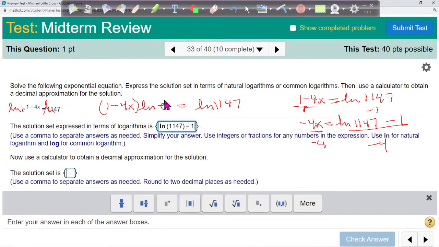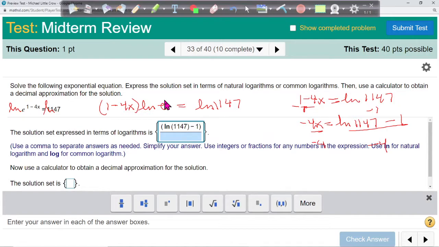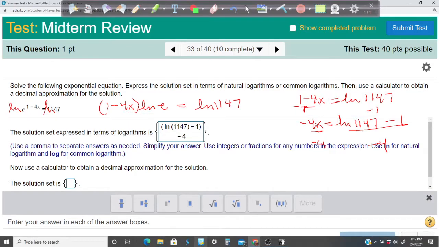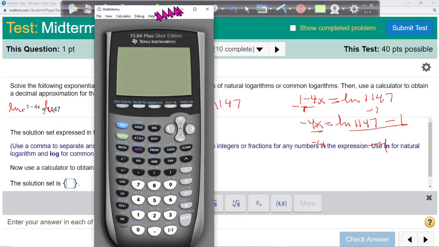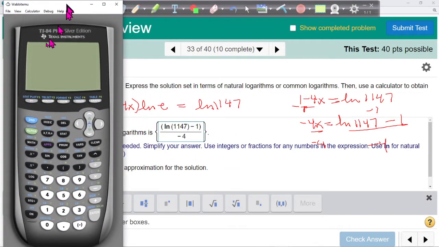Let me put a big parentheses over the whole thing, divided by -4. That should work. Now use a calculator to obtain a decimal approximation for the solution. Okay, so we have to use the calculator anyway, but we did have to be able to also solve it without the graphing calculator.